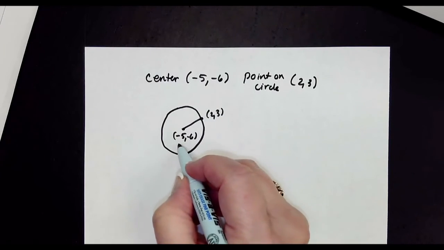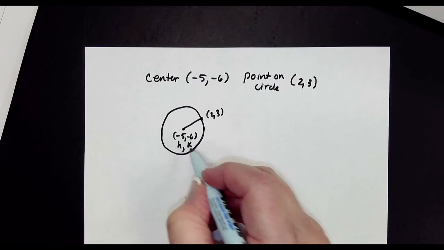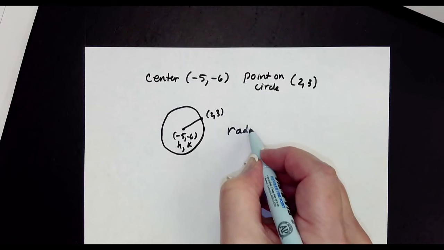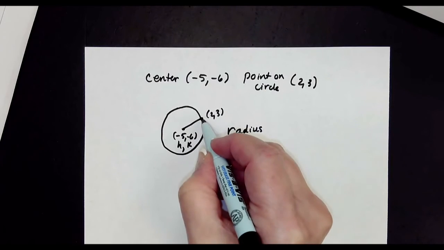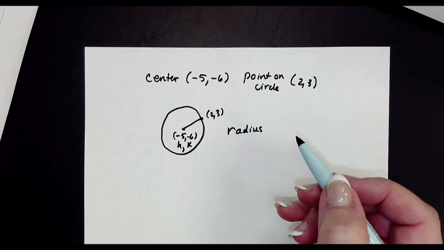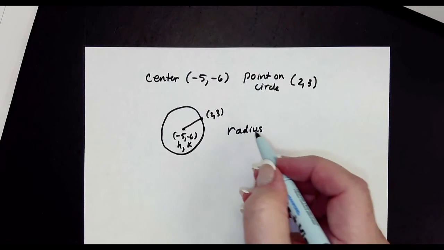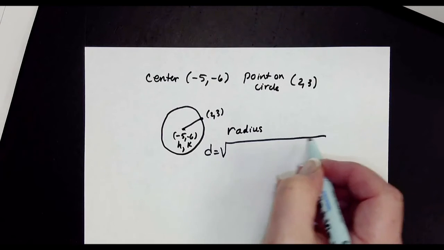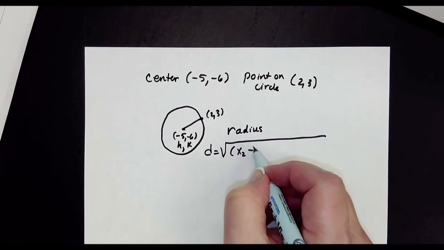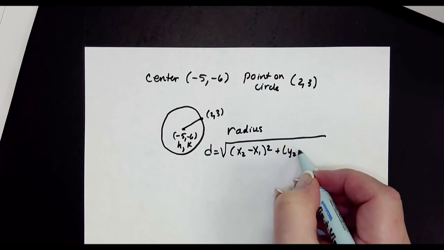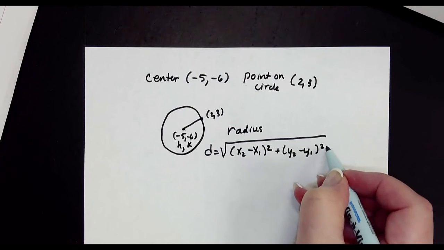Now, I already have my h and my k, right? I have my center. So all I need is an r. So how do I find the radius if I know a point on the circle and a point in the center? Well, all I do is do the distance formula. So our distance formula is the square root of x sub 2 minus x sub 1 squared plus y sub 2 minus y sub 1 squared.